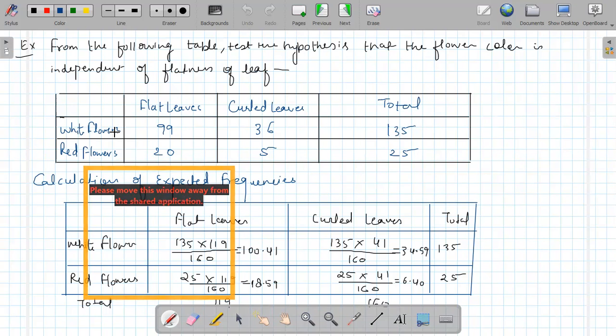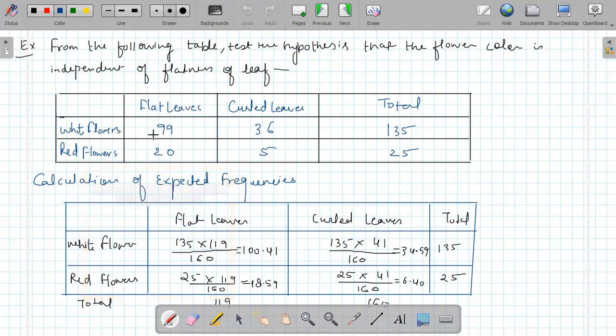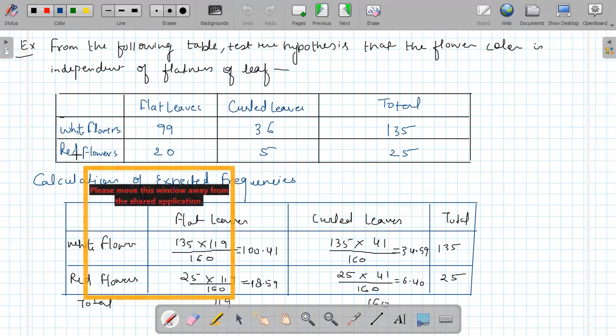The flowers which are white and the leaves are flat were 99. The flowers which are white and their leaves are curled were found to be 36. Red flowers which have flat leaves are 20 and which have curled leaves are 5. So this row total is 135 and this is 25.